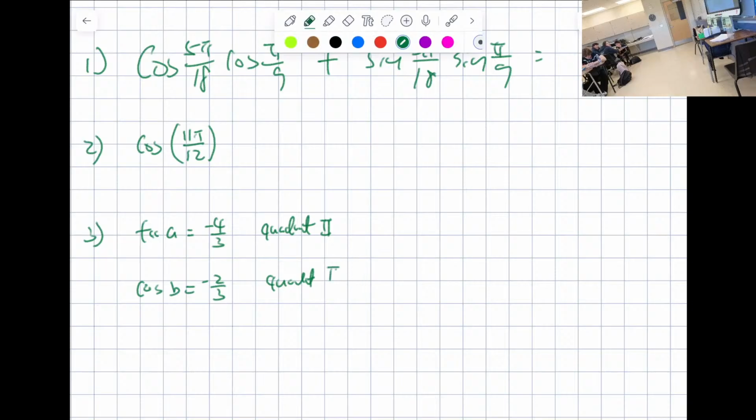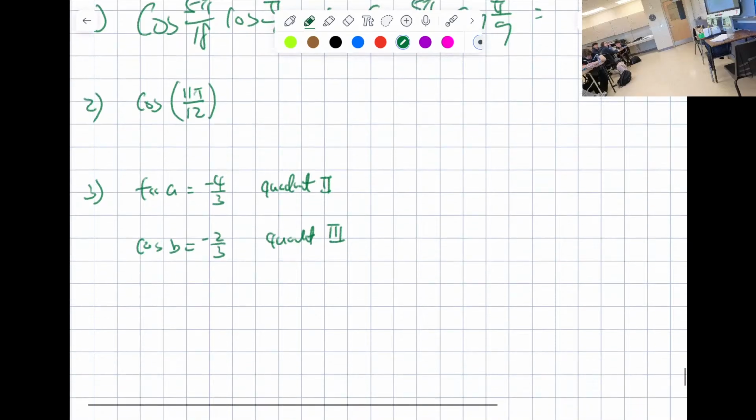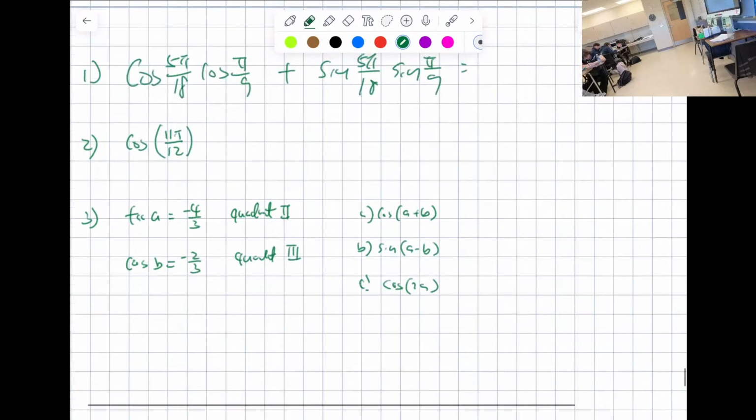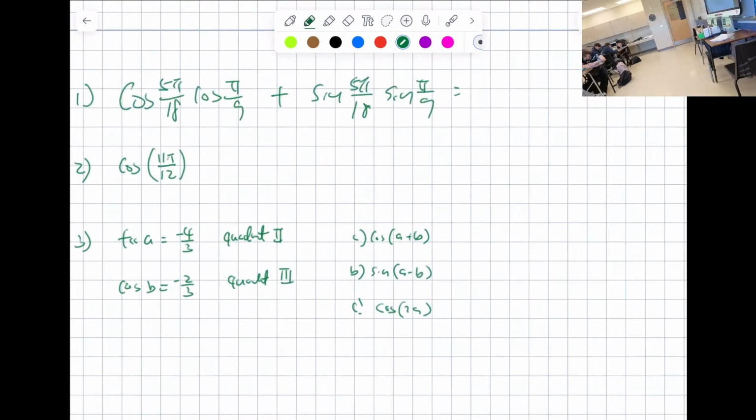Let's do quadrant 3. Then A is, what's the cosine of A plus B? B is, what is the sine of A minus B? C is, can I ask you the cosine of 2A? Okay, start with the first question. The first two are pretty easy.